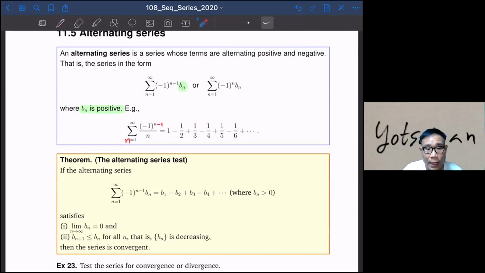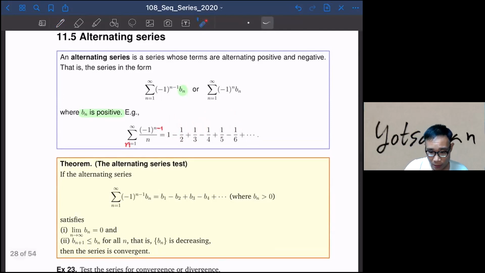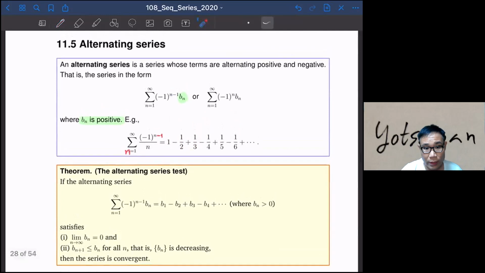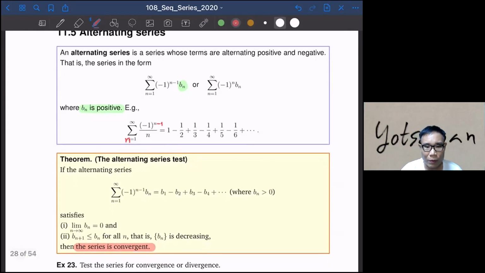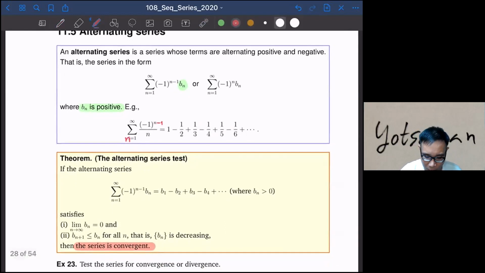The alternating series has a test called the alternating series test, to test whether the series is convergent. When you use the alternating series test, it's only going to give you one answer: convergence. The way we test this is to look only at the sequence bn.